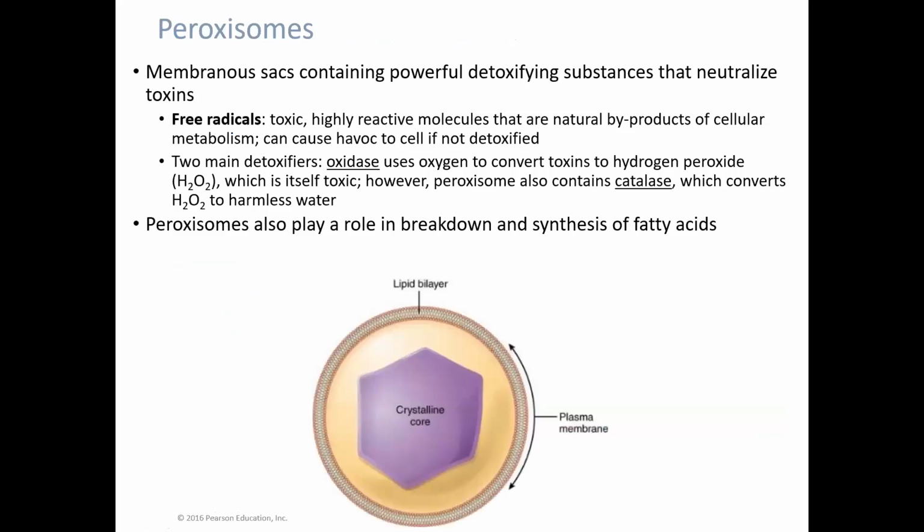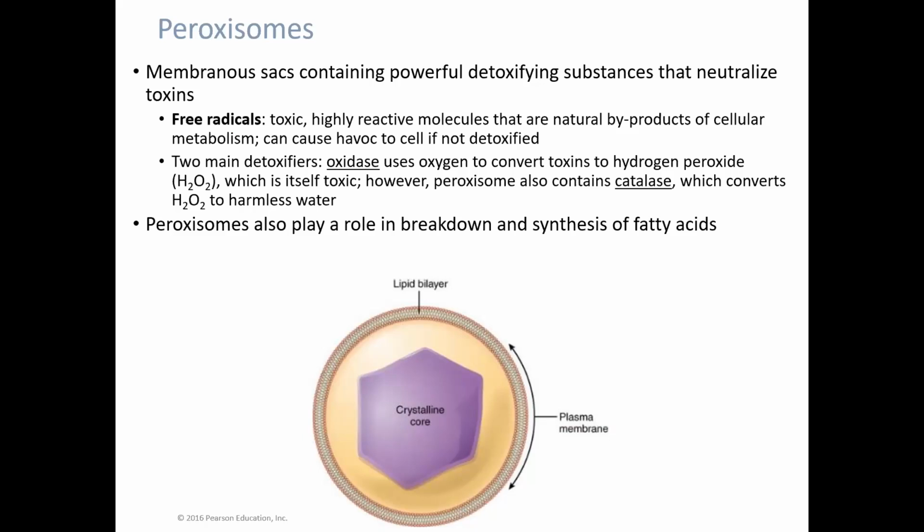And speaking of breaking things down, here we have something called the peroxisomes. This brings hydrogen peroxide into play, and you're all familiar with hydrogen peroxide. You go down to Walgreens and you see it there in the brown bottle on the shelf. It's like 88 cents a bottle or something like that, or at Walmart.